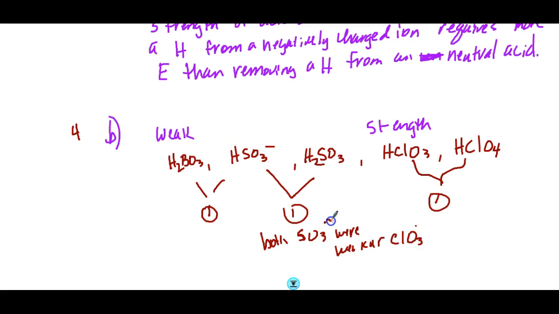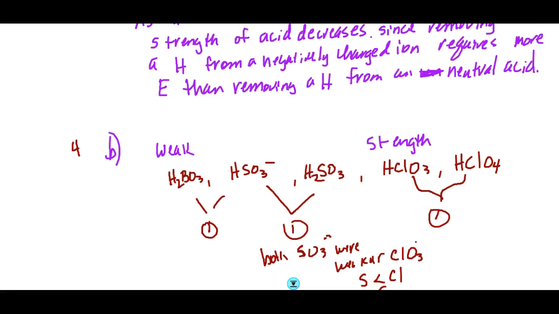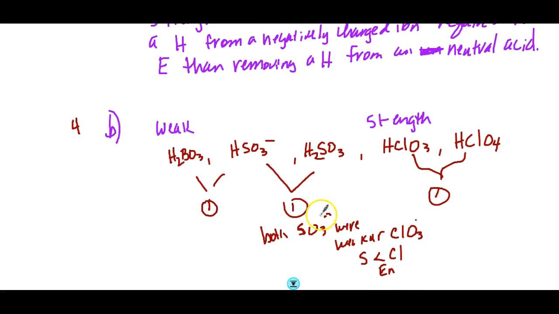Because sulfur has a lower electronegativity than chlorine. So the fourth point was for having these two lower than these two. Okay, so see how many points you got.